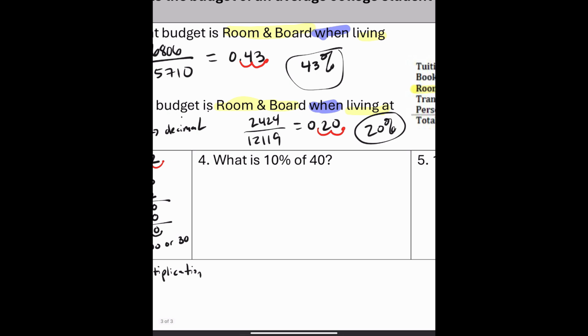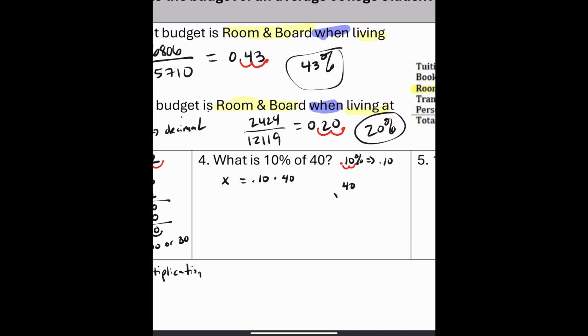What is 10% of 40? Okay, so the word what means x, is means equals, 10%. All right, hopefully we can see that we just need to move the decimal to the left 2 times, okay? So that's just going to be 0.10. The word of means multiplication, and then we have 40.